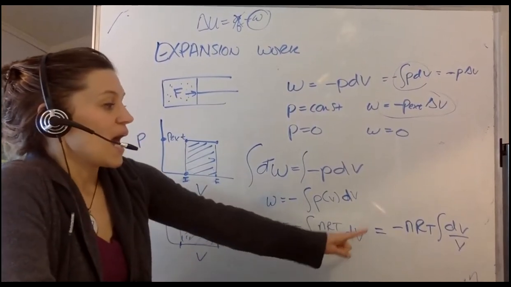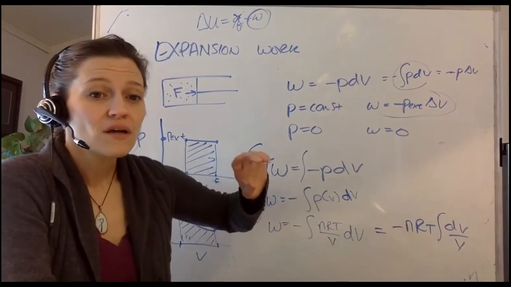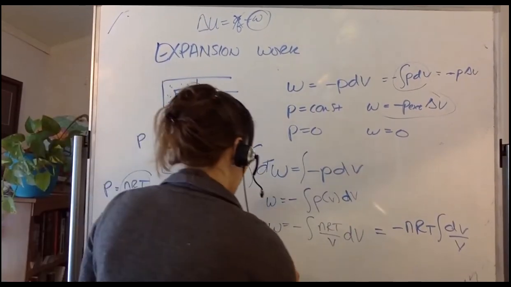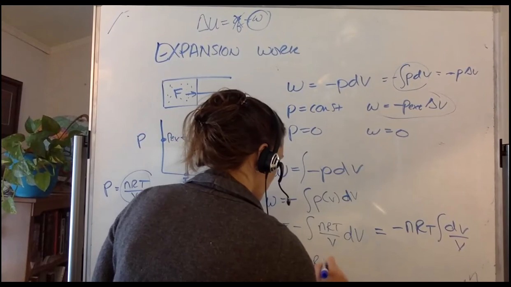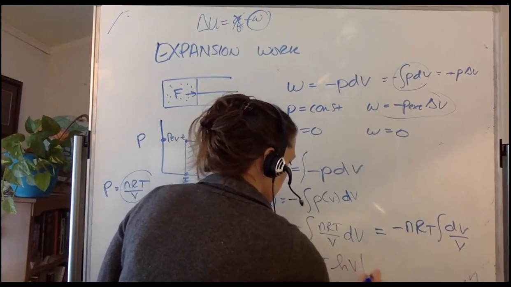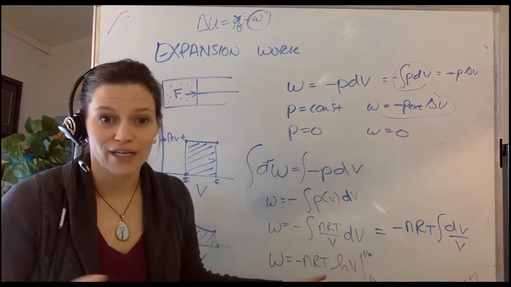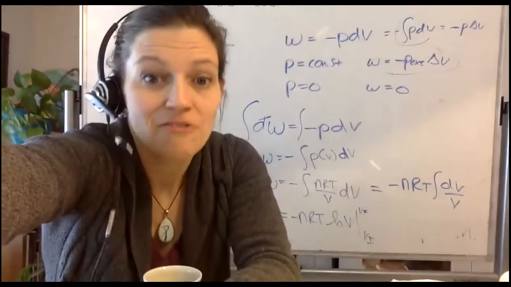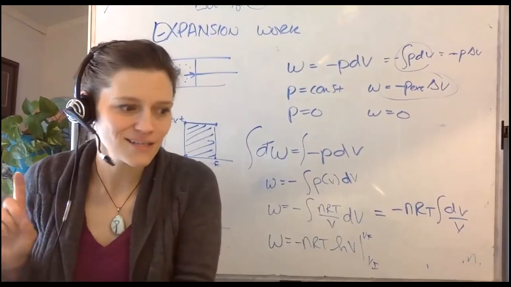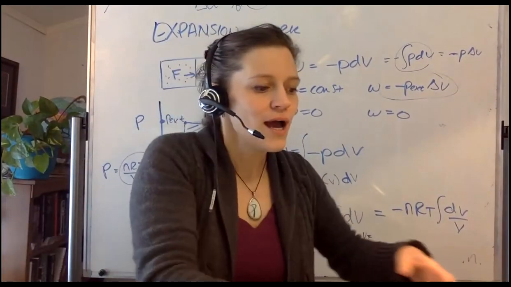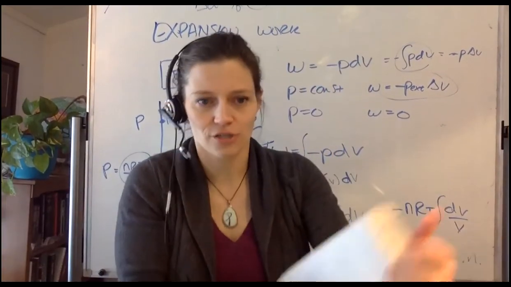Okay, but how do we solve this integral? Well, hopefully you recognize work is equal to minus nRT log of the volume evaluated from the volume initial to the volume final. Hopefully you recognize that. If you don't, fear not, you are among friends. We will divert to Atkins, resource section.